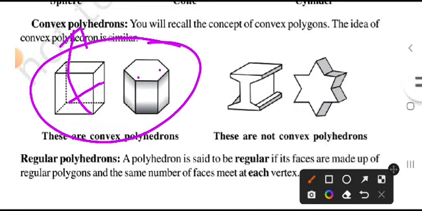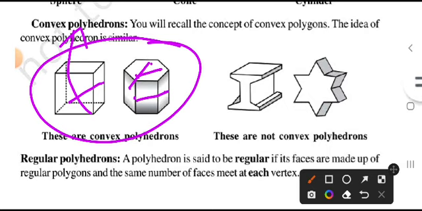Wherever we take 2 points and join them, the line segment will be inside the polyhedron. Whenever you take 2 points arbitrarily and join them, the line segment joining the 2 points will be completely inside the polyhedron. So this kind of polyhedron is known as a convex polyhedron.